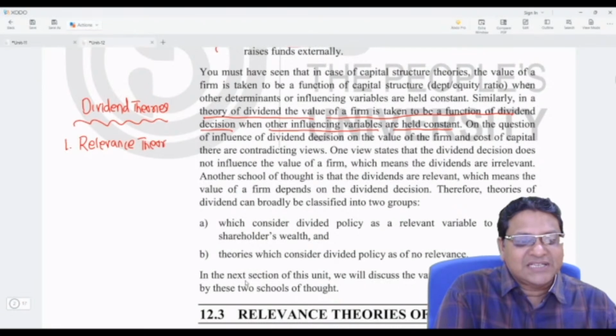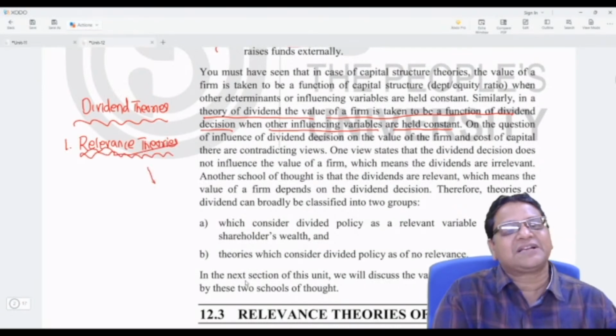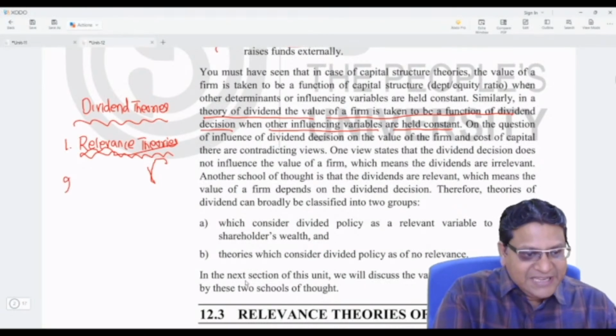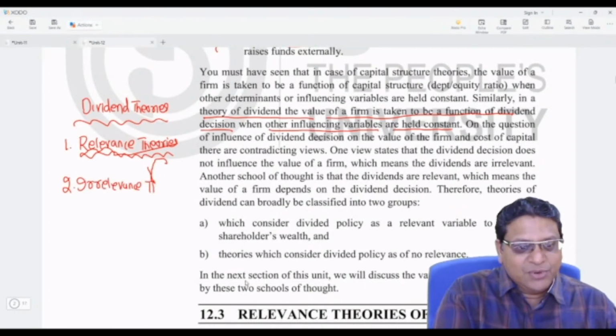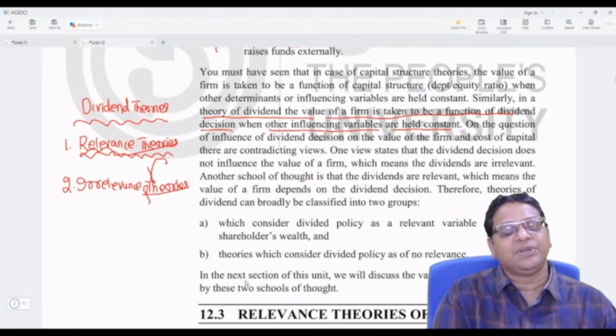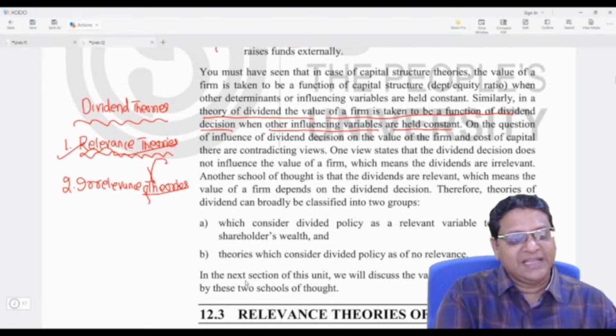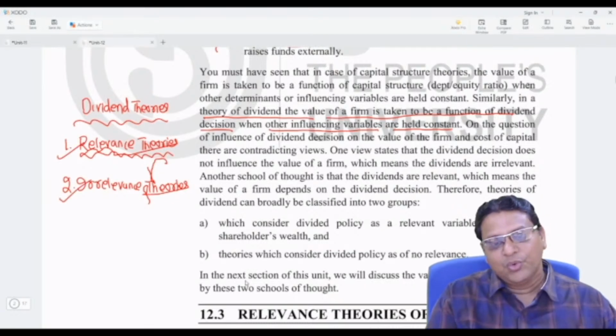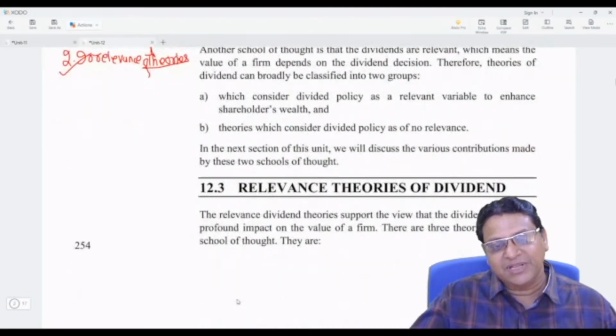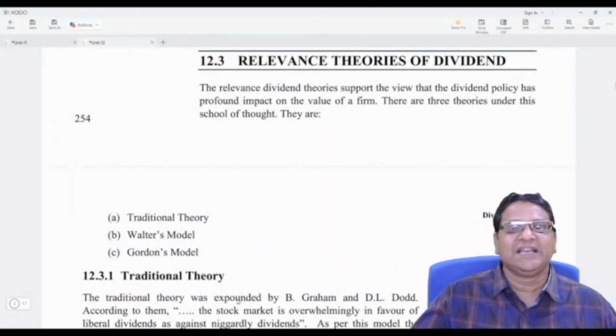Relevance theory tells that dividend policy or dividend decision affects the value of the firm. What is irrelevance theory? Irrelevance theory tells that dividend policy does not affect the value of the firm. We'll discuss one after another.